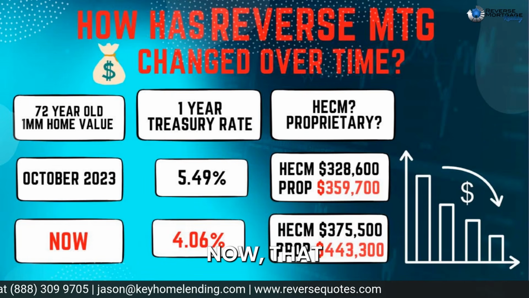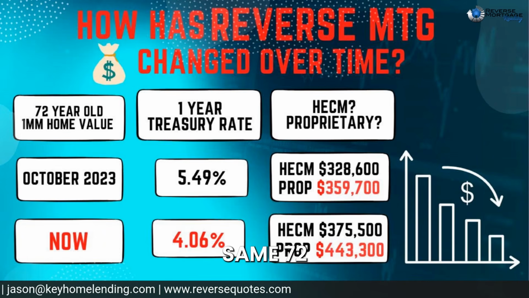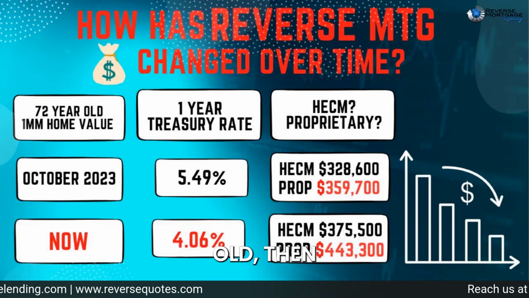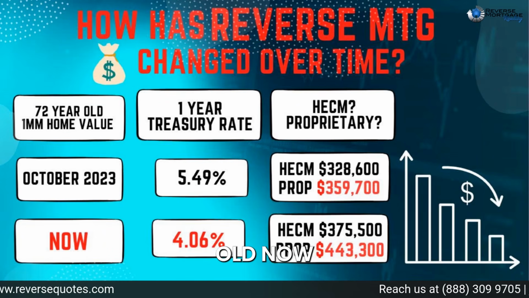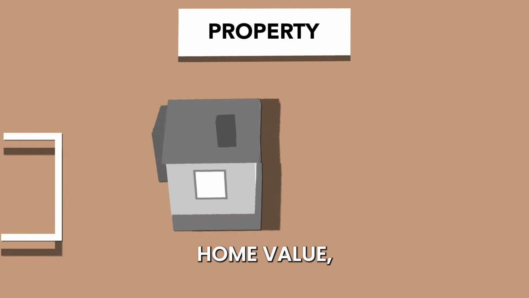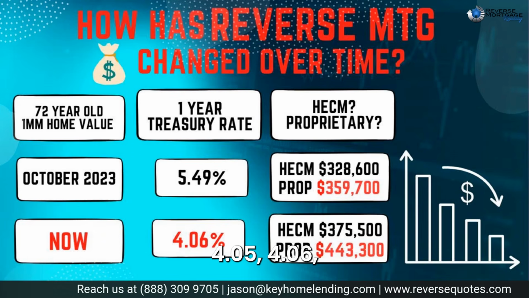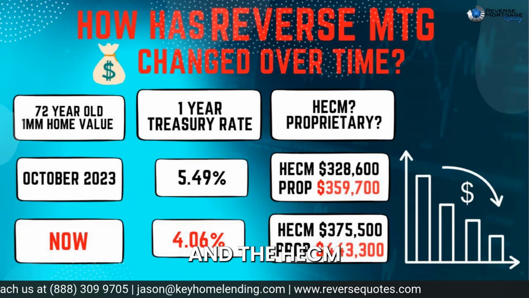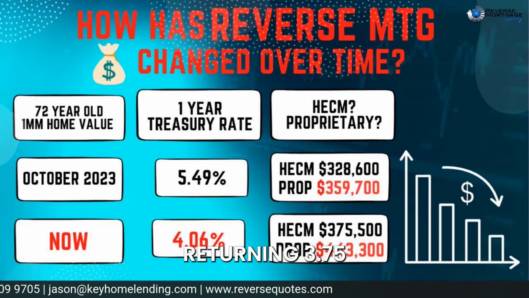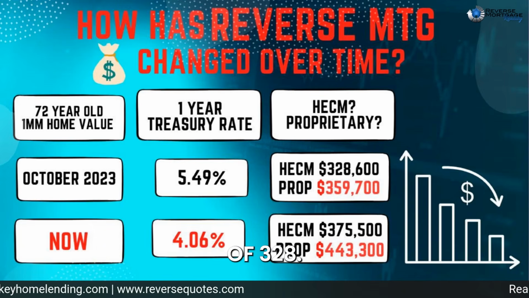Now, if you look at it now, that same 72-year-old, or I guess a 70-year-old then, a 72-year-old now with $1 million home value, well, the treasury rate has dropped pretty drastically down to 4.05, 4.06. And the HECM is now returning 375 instead of 328.